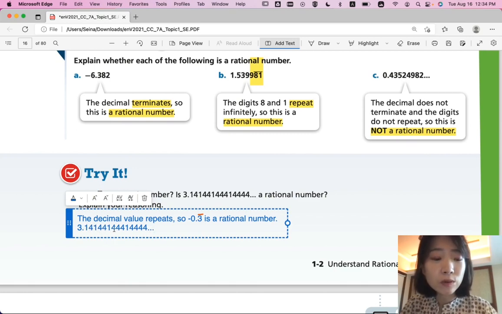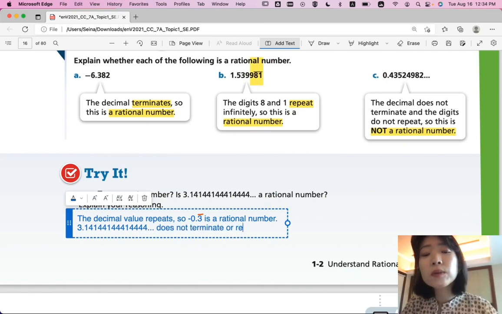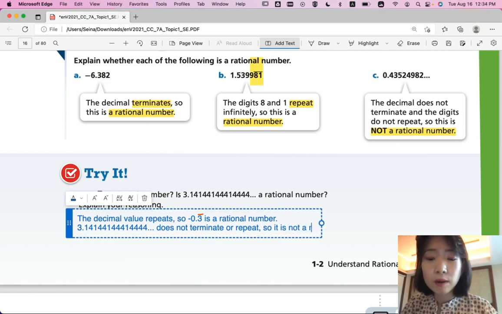It's not repeating 1444. It's just repeating 1 and 4 in different numbers of digits, right? So it does have a pattern, but it's not a repeating decimal. Okay, it does not terminate or repeat, so it is not a rational number.